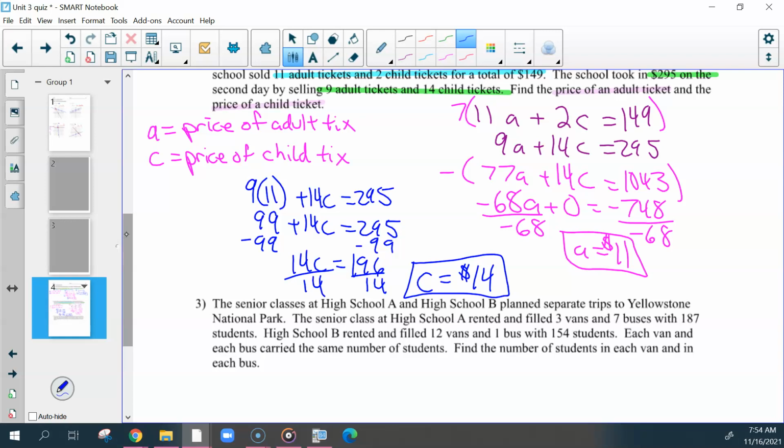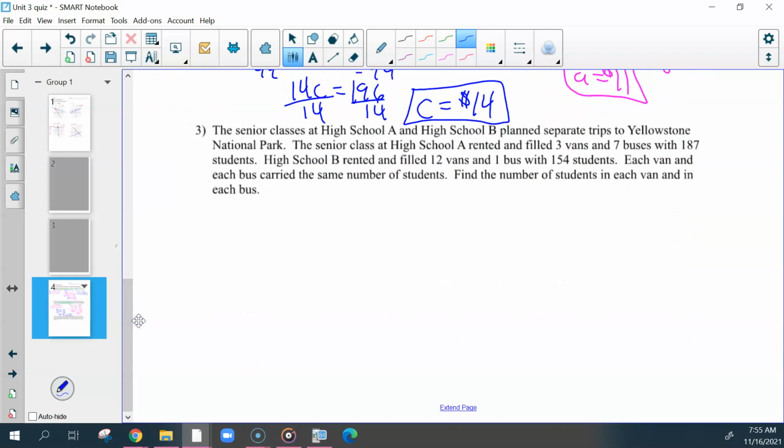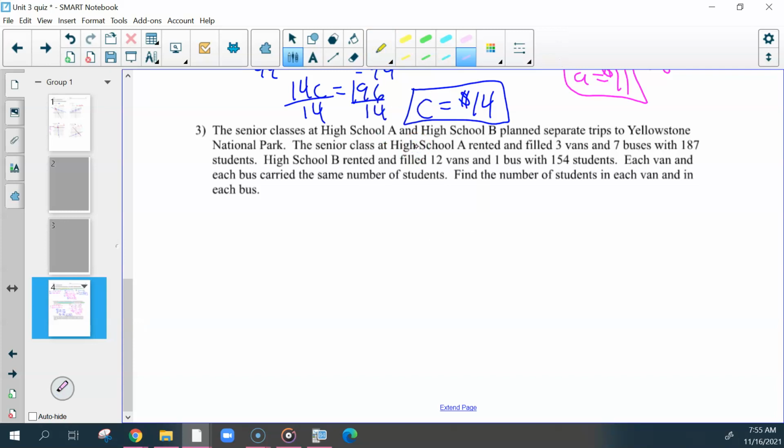Any other questions on that one? The last one should be set up very similarly, it's just the wording is a little weird. So here, what's really important is that at high school A, they rented and filled 3 vans, 7 buses with 187 students.